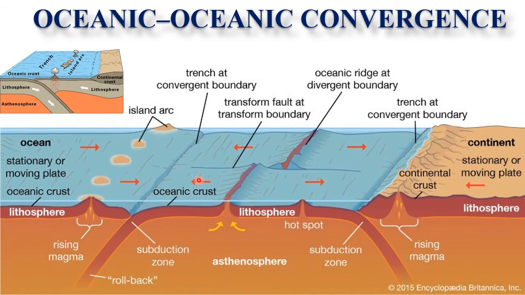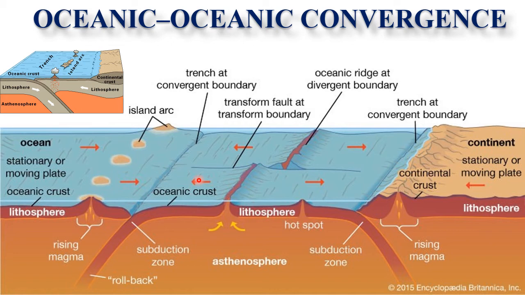So let's study now the second type of convergence, that is oceanic convergence. Here the older oceanic lithosphere subducts below the younger oceanic lithosphere. An oceanic convergent boundary has many features in common with an oceanic-continental margin, where the two oceanic slabs converge, one descends beneath the other, initiating volcanic activity by the same mechanism that operates at all subduction zones.